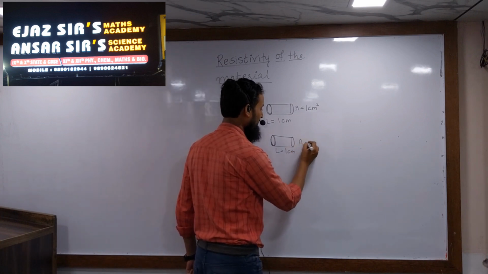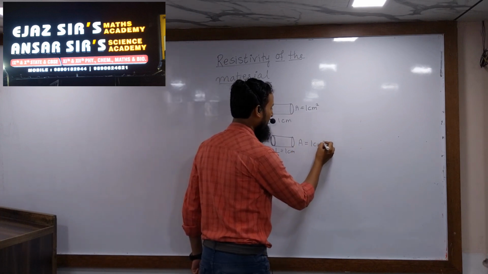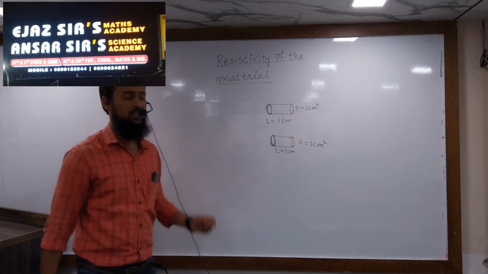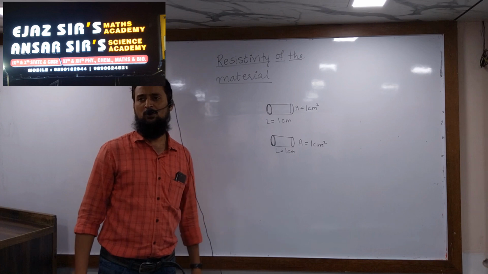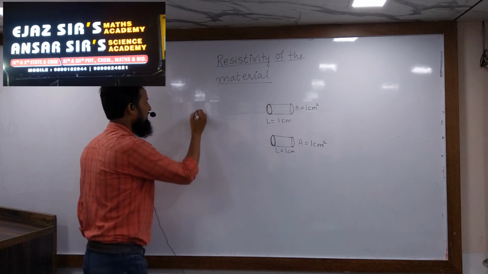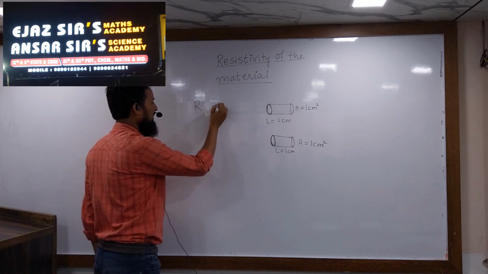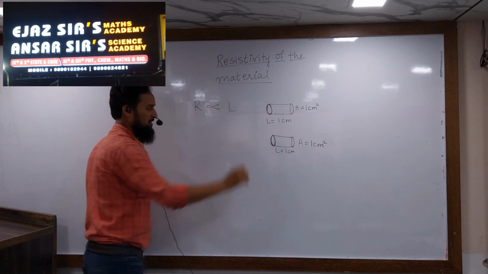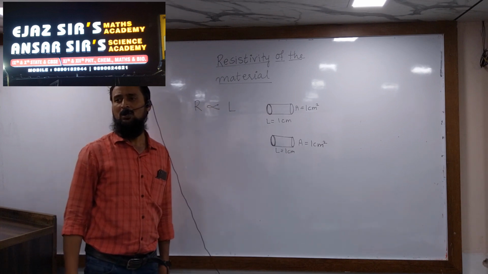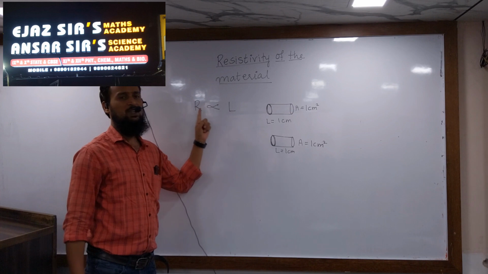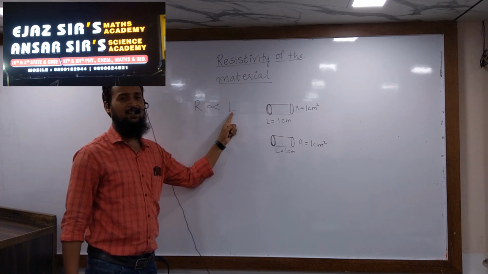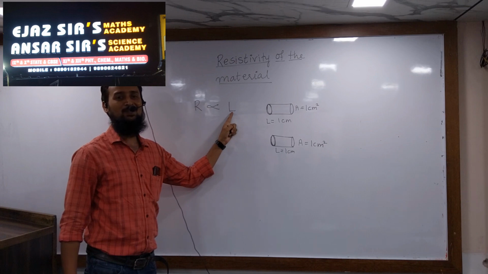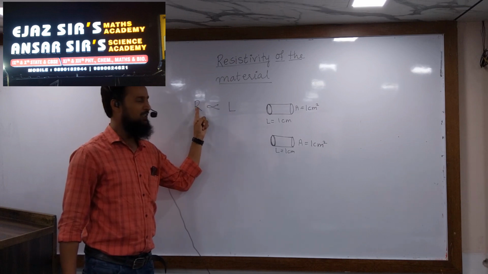So this wire also has same area of cross section, 1 centimeter square. Both the wires have same length and same area of cross section. And you know, resistance of a metallic conductor is directly proportional to its length. जितना लंबा वायर रहेगा उतना रेजिस्टेंस ज्यादा रहेगा, जितना शॉर्ट लेंथ रहेगा उतना रेजिस्टेंस कम रहेगा.